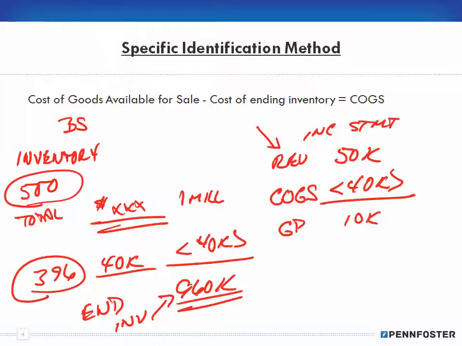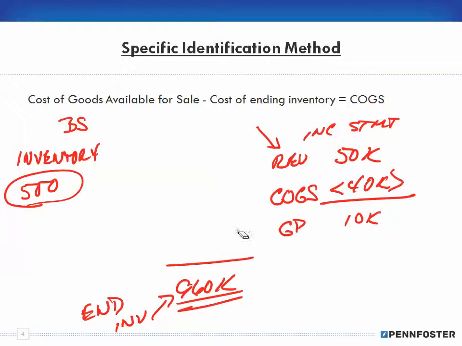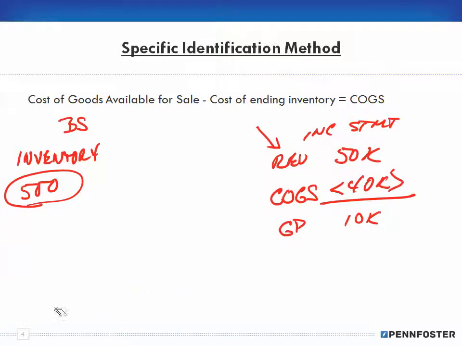Now let's just backtrack a little bit, and I'm going to erase a little of this and put it back in, hopefully. Okay, we have 500 cars in the inventory, and that's worth $1 million.